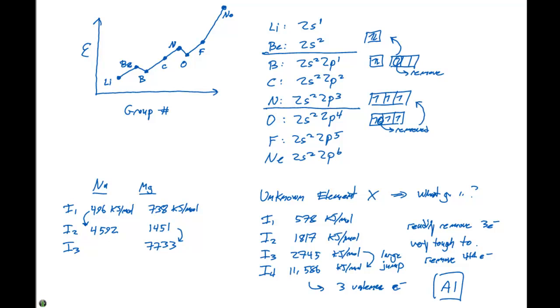And actually, this is the experimental data for aluminum. So using ionization energy, we can look at the trends, and remember, when we're analyzing ionization energy, it's the energy to remove one electron from whatever species we're trying to investigate. We can then use experimental data to predict what group a particular element is in the periodic table.